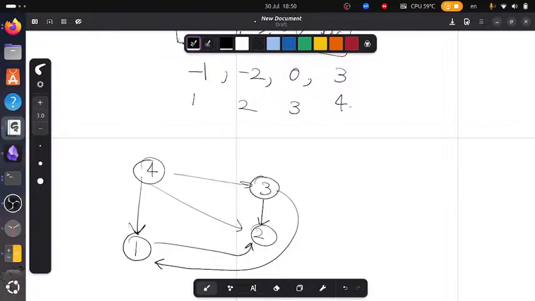And 3 can't visit every node, right? Because 3 is going to go to 1.